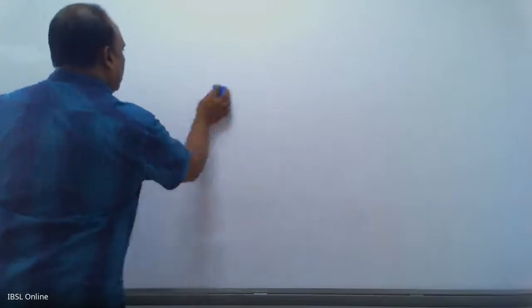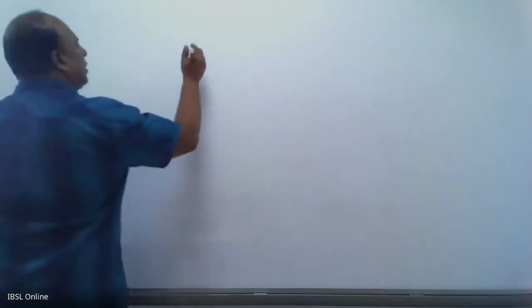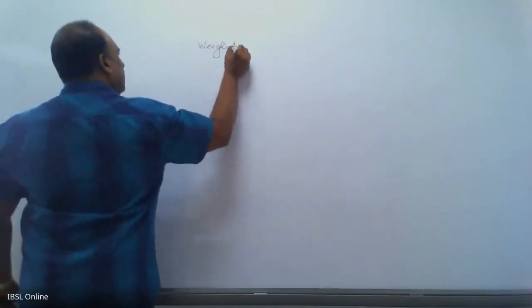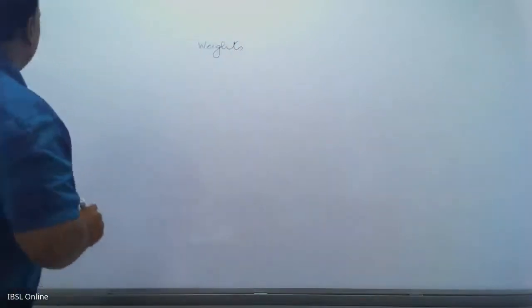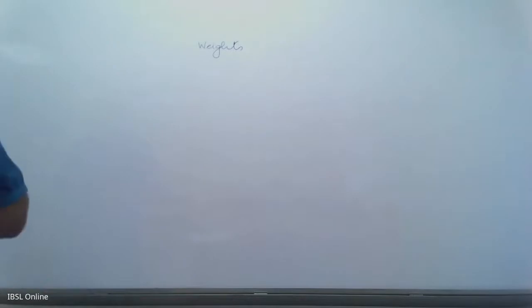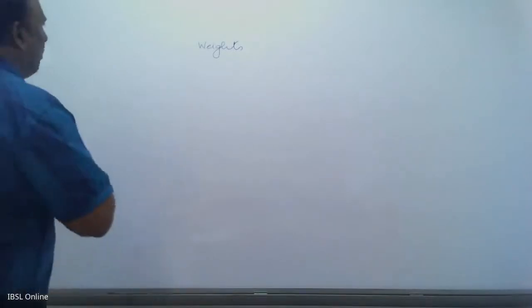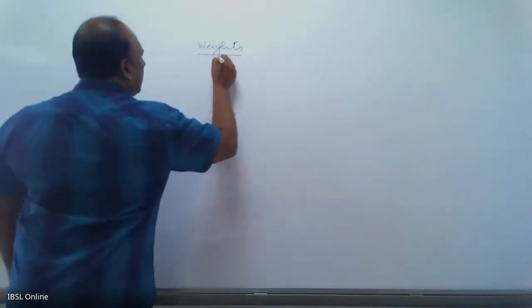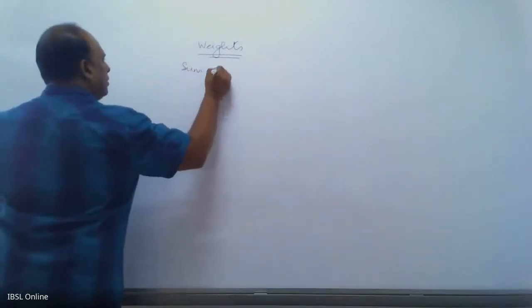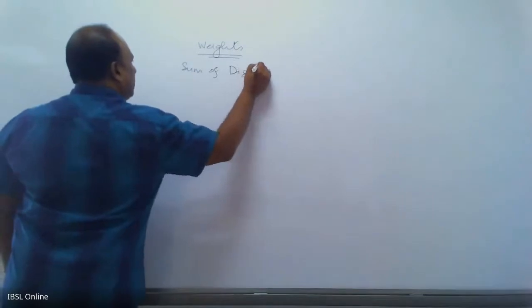So what this means is we are going to use what we call weights. These weights are going to be used for the purpose of calculating the depreciation. Now, how do we calculate these weights? Using the sum of digits.